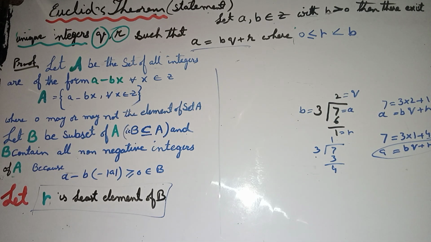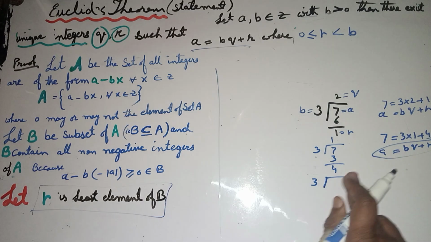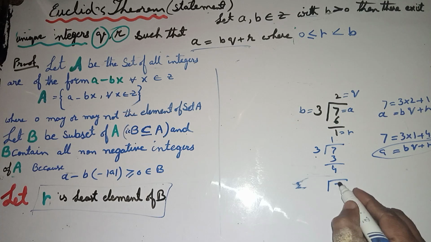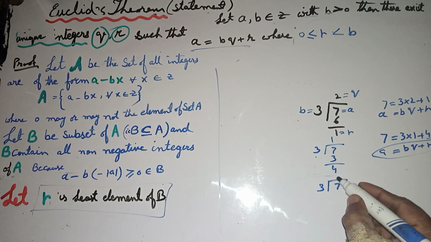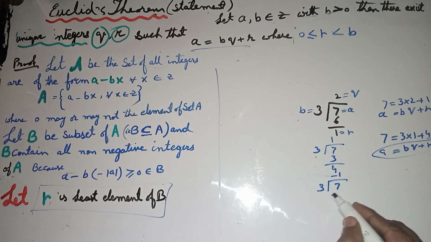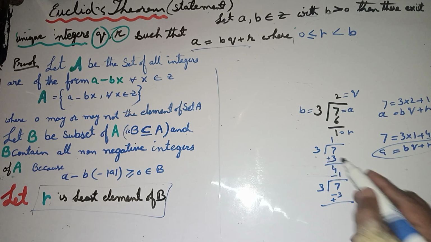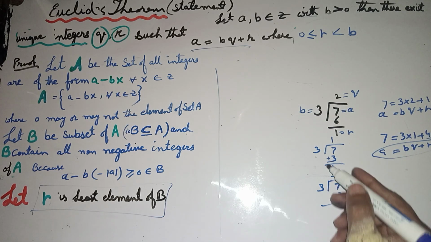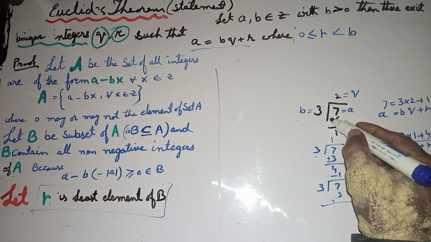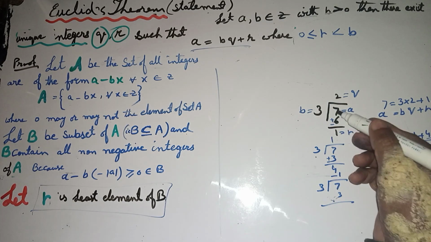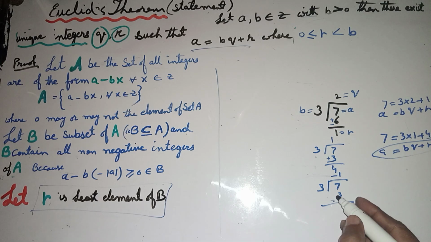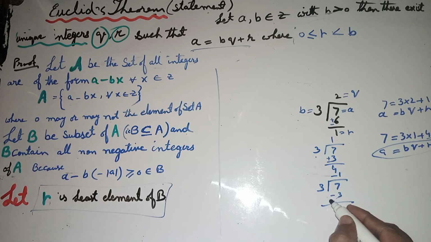Then he puts the question: what if you divide 7 with a negative quotient? For subtraction we change the sign, minus and plus, here 10 plus.